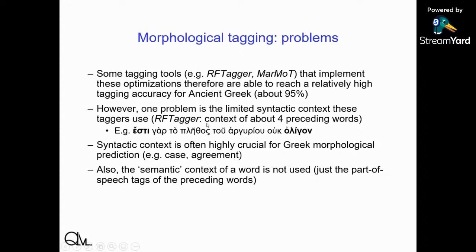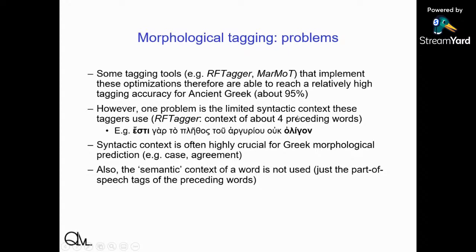One problem is that these tagging tools typically use a limited syntactic context, for example 4 preceding words. Here oligon is nominative because the main verb is est, but the tagger doesn't really know that because it only looks at the 4 preceding words.